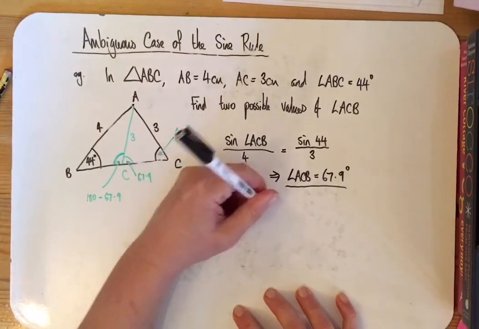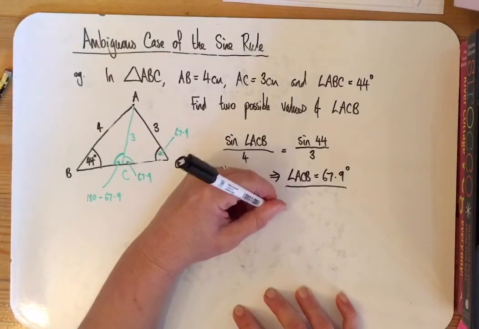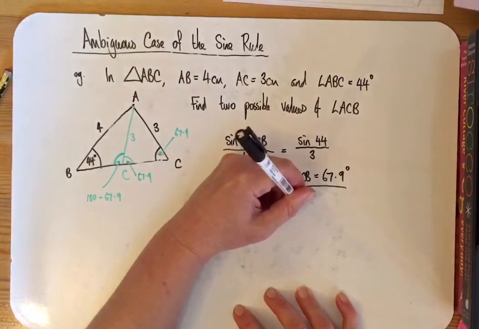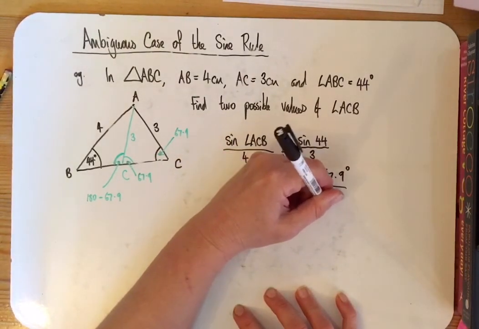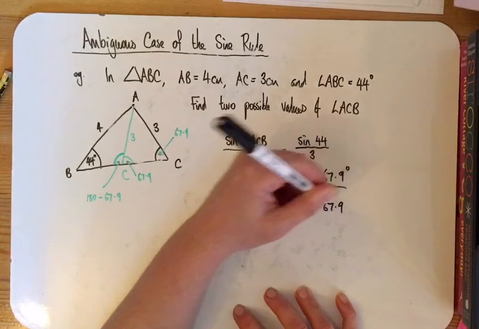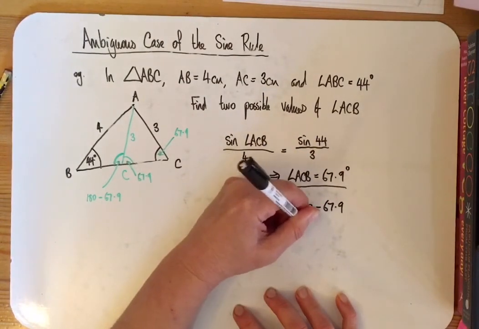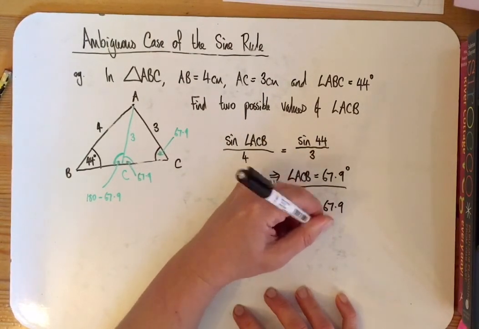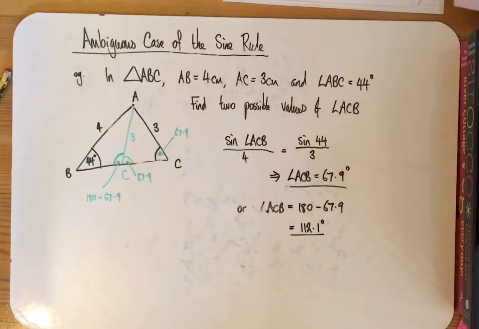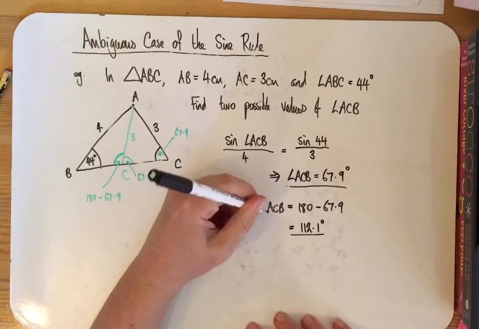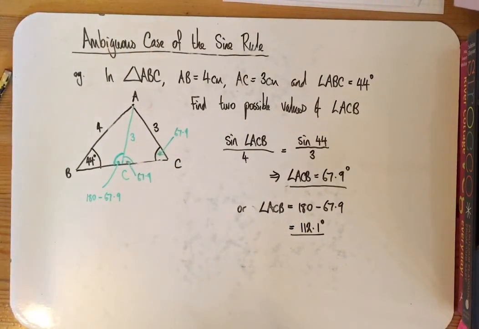So angle ACB is equal to 180 minus 67.9, which is equal to 112.1 degrees. So that's an example of the ambiguous case of the sine rule. But generally speaking, you won't see that very often. You're just looking at angles opposite sides to use the sine rule.